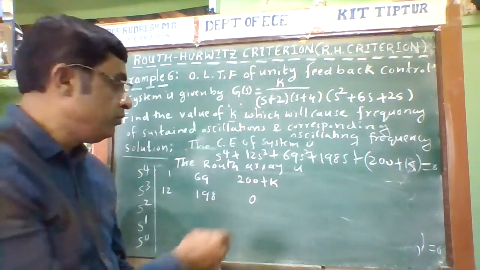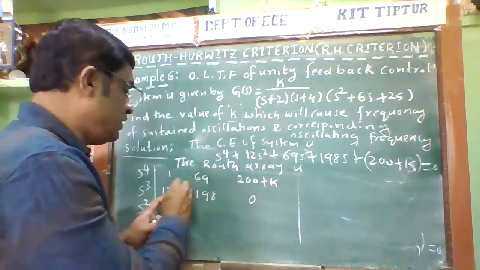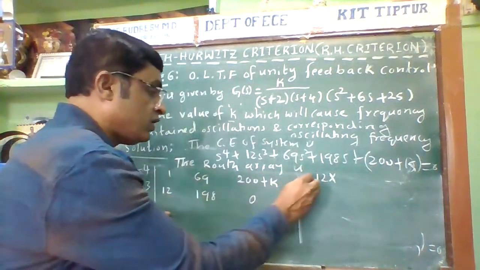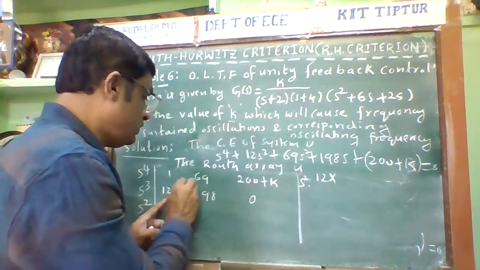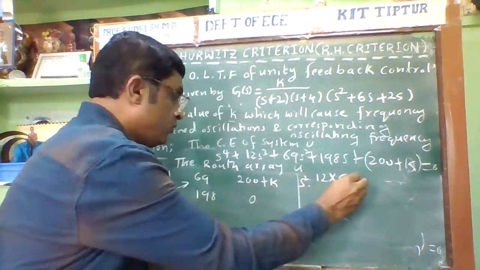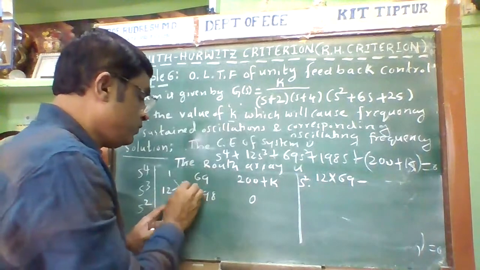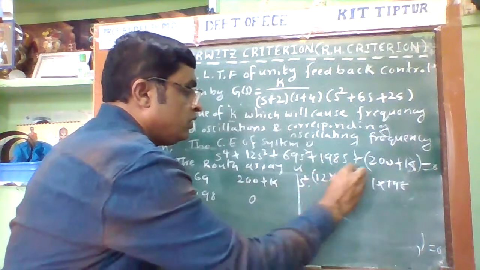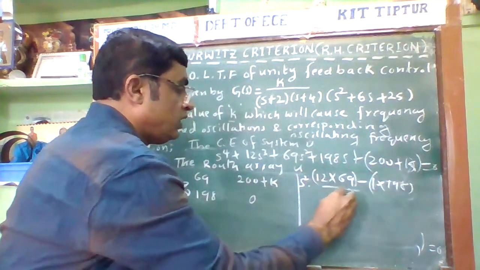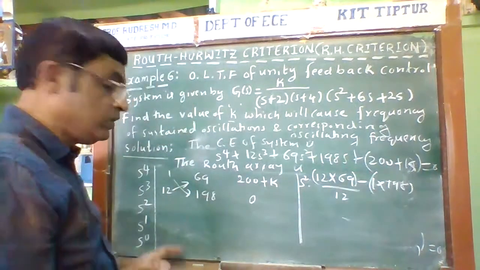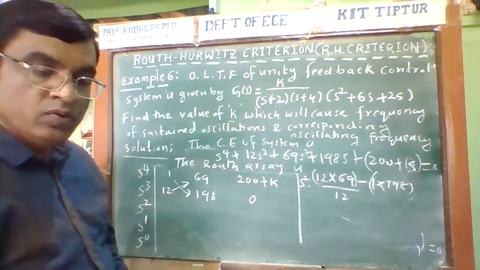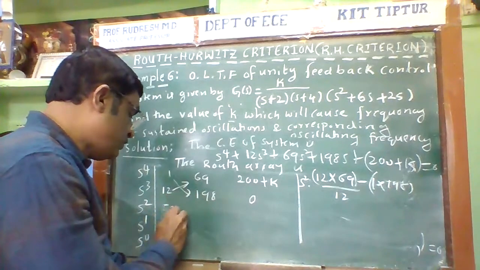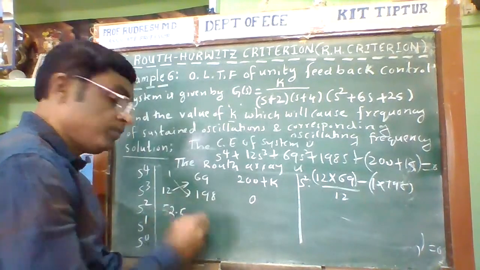The other element can be formed by 12 into 69 minus 1 into 198, divided by 12. Now what will be the value? This is equal to 52.5.